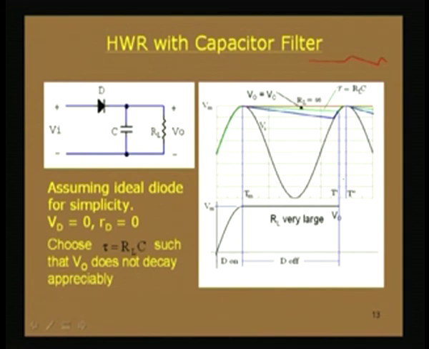Then only we do not see much falling off of the output voltage, and the output will be almost constant like a DC. So, you have to choose the capacitance and the RL value sufficiently large to have a larger time constant.